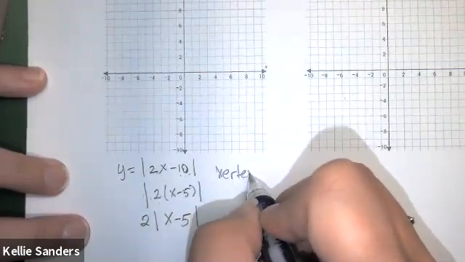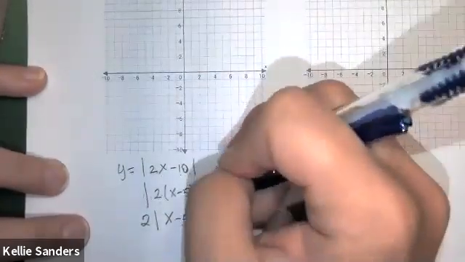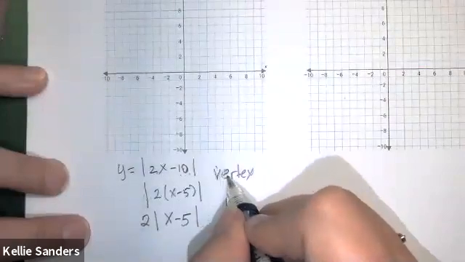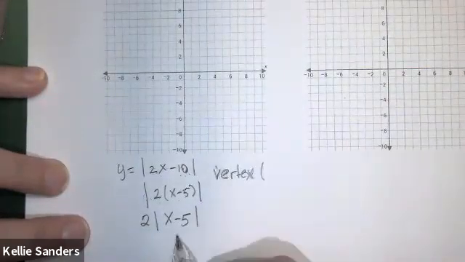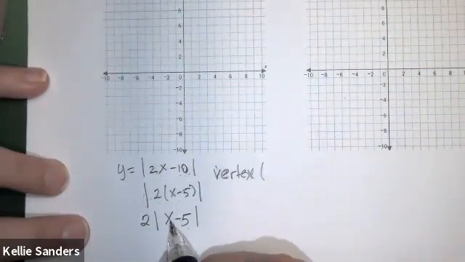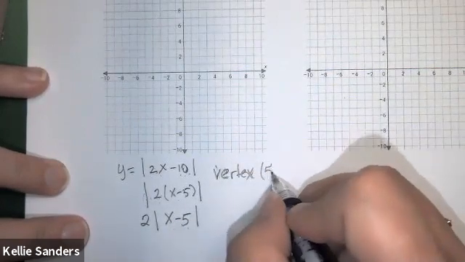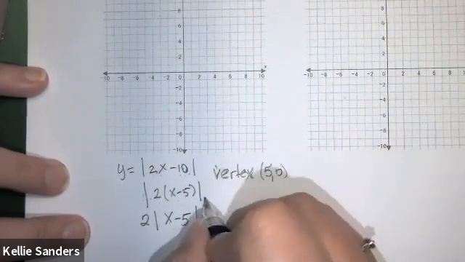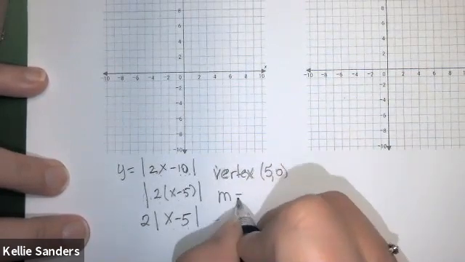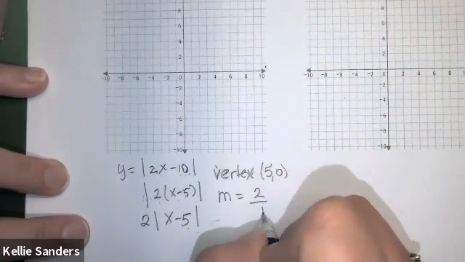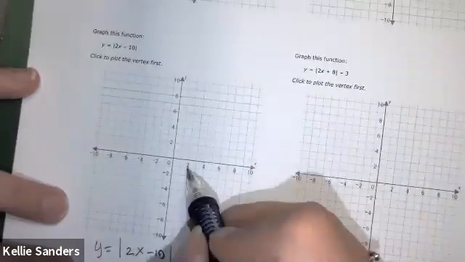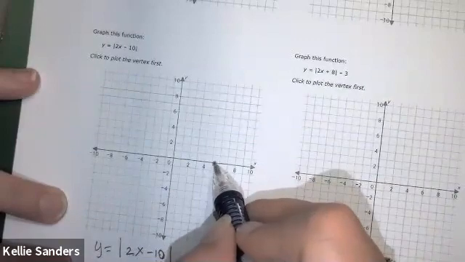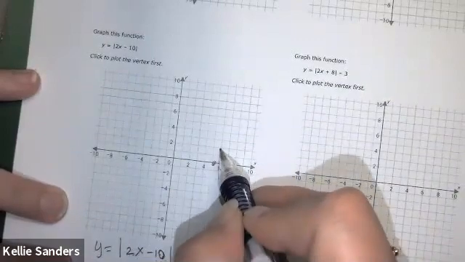The vertex: it's x minus 5, so the opposite of -5 is +5. There's not anything at the end, so that's 0. And the slope is going to be 2 over 1. So 5, 0, 2 over 1.